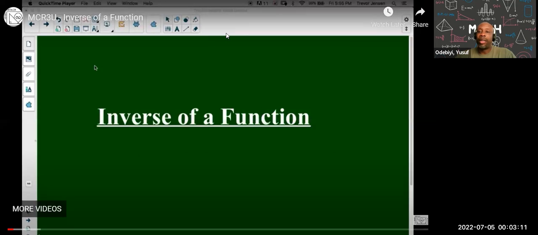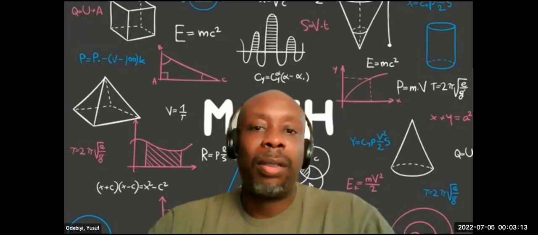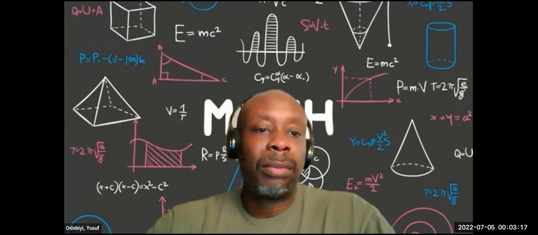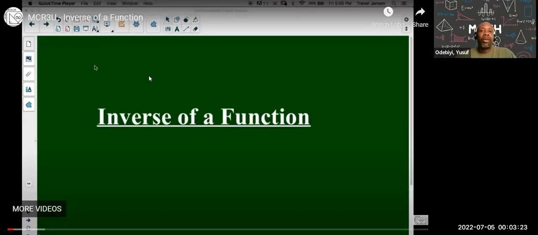I want to make sure that the audio is being recorded. Yeah, it looks like it's covering the audio. Okay, so we have the audio being covered. So here we go, and we're going to go through this lesson, which is the inverse of a function.